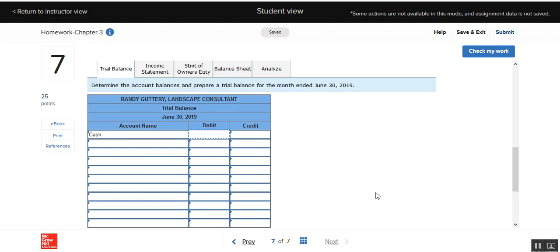I don't think it will count it wrong if you don't put them exactly that way, but kind of group them that way. It's easier when you do the income statement, because all your revenue and expenses will be at the bottom. When you do your balance sheet, all of your assets, liabilities, and equity are grouped together at the top. It just makes it easier to work from. So that's just a little tip.